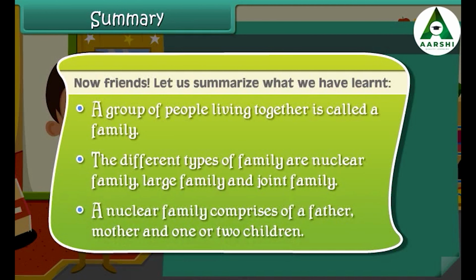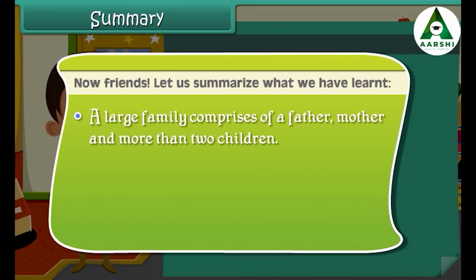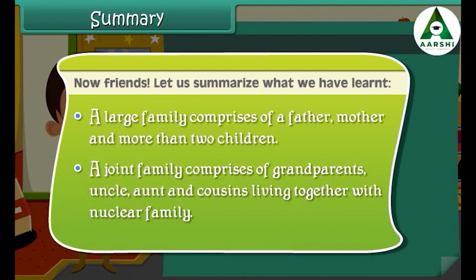A nuclear family comprises of a father, mother, and one or two children. A large family comprises of a father, mother, and more than two children. A joint family comprises of grandparents, uncle, aunt, and cousins living together with a nuclear family.